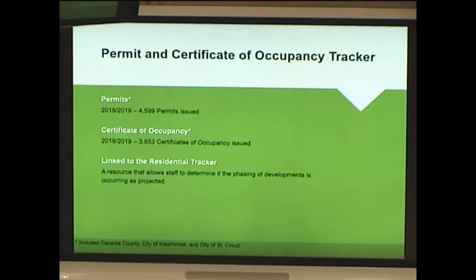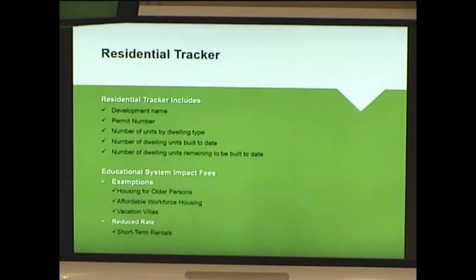You want us to ask questions during? Yeah, ask them as we go. Okay, so the slide before, you got exemptions, affordable workforce housing. Yes, ma'am. I know that you have the ability if there's additional fees, but is there some right now that are exempt? We have housing for older person applications that have been approved to date. Right, but specifically affordable workforce housing?